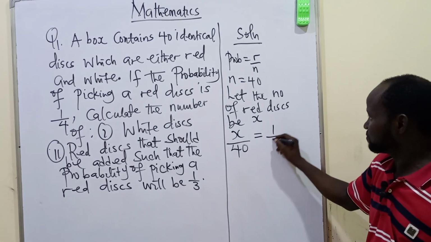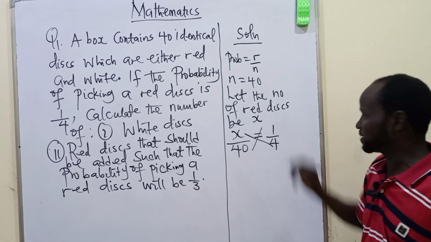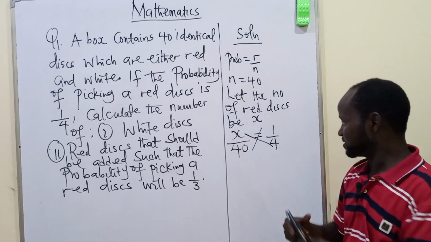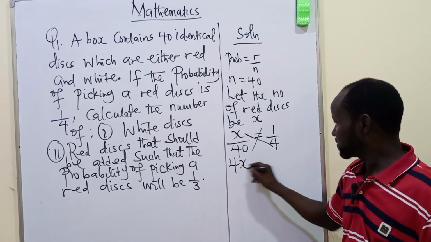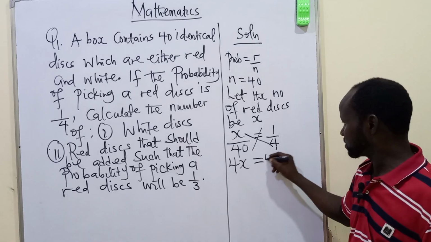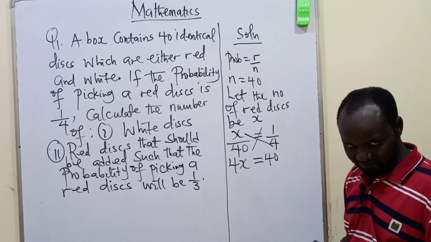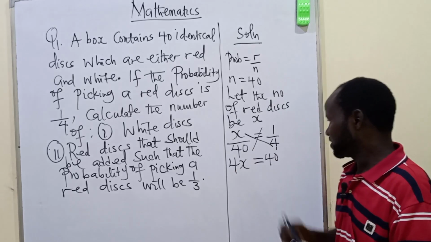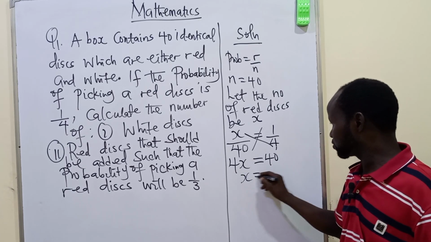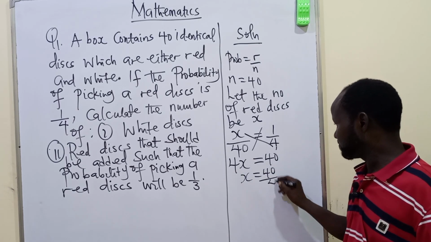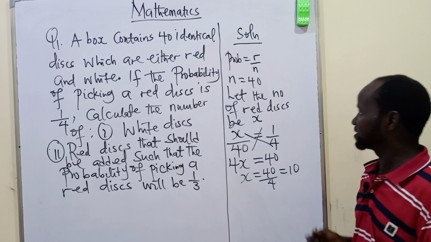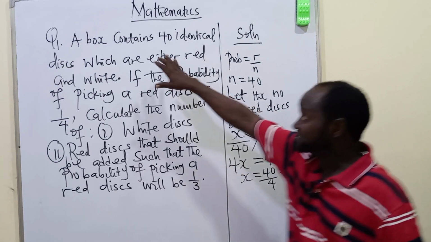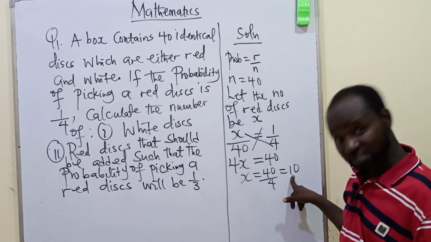We can cross multiply at this point to find the value of x. 4 times x is 4x, equals 40 times 1, which is 40. We divide through by the coefficient of x, which is 4. Therefore, x equals 40 divided by 4, which equals 10. So in other words, the number of red discs inside that box is 10.